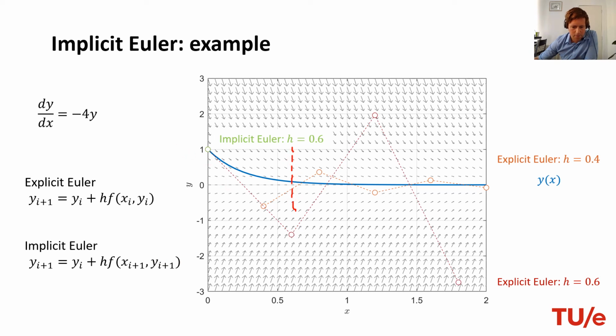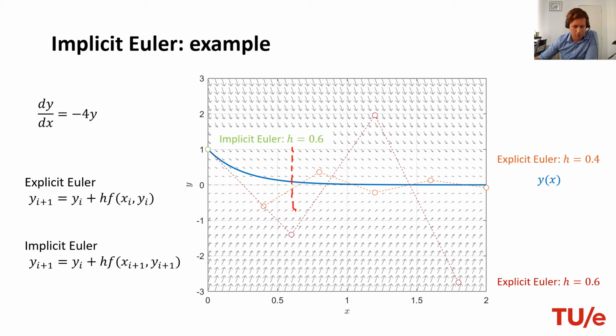So what we need to do is draw a line such that if we draw a line from our current solution up until x at the next step, this line will be tangent to the direction field at this next step. And yeah, this is obviously an ill-defined problem because we do not know the solution, so we have to do a bit of guessing over here.